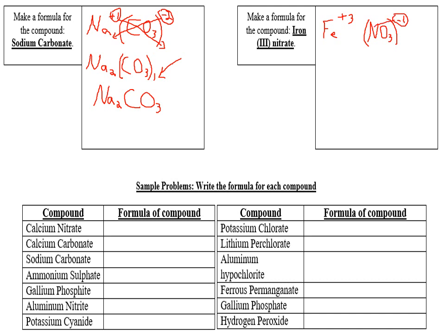Grab this one, bring it down here, grab this one, bring it down here, and we get Fe NO3 brackets 3.